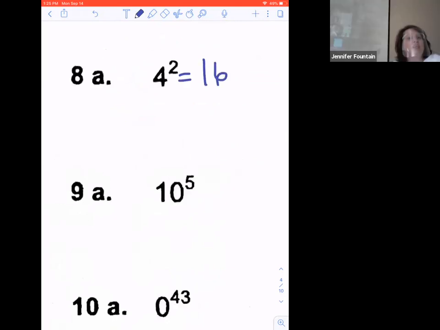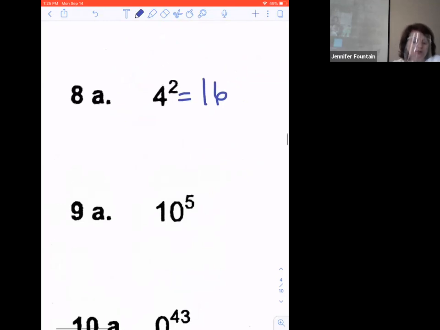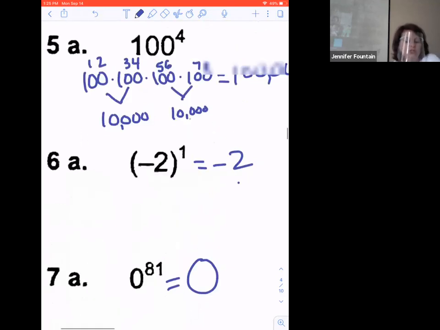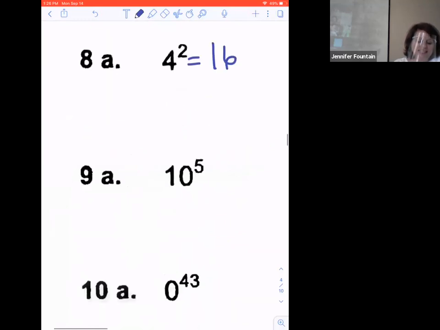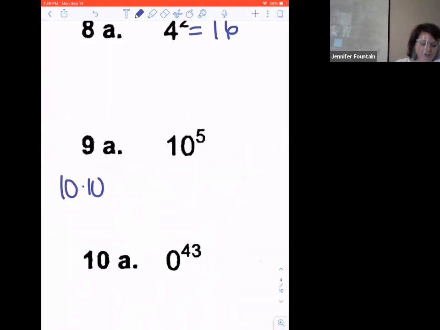10 to the 5th power. Okay, so remember, how did we count our zeros earlier when we had 100 to the 4th power? We had 100 4 times. So now we're going to write 10 5 times. 1, 2, 3, 4, 5. So we're multiplying 10 times 10 times 10 times 10 times 10.